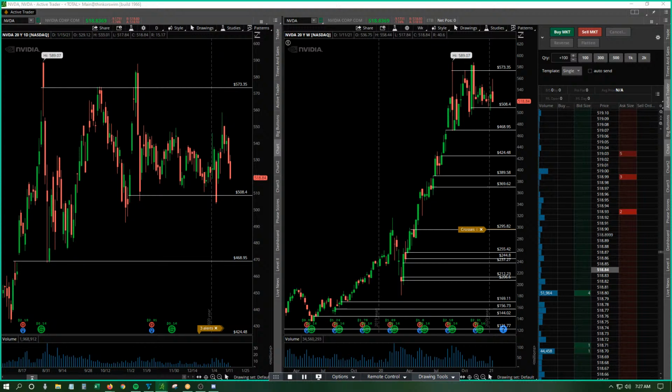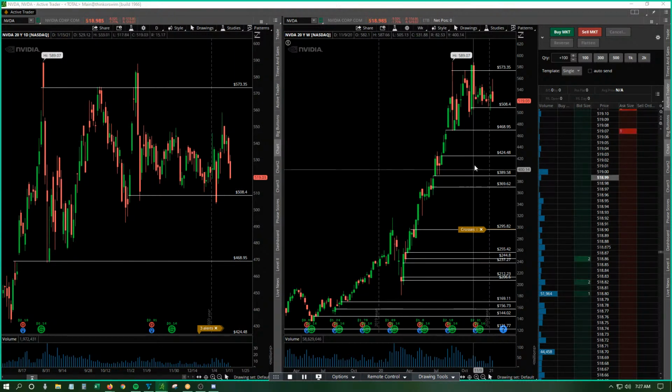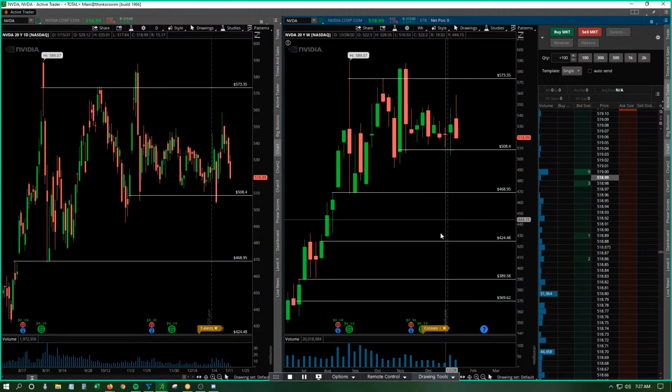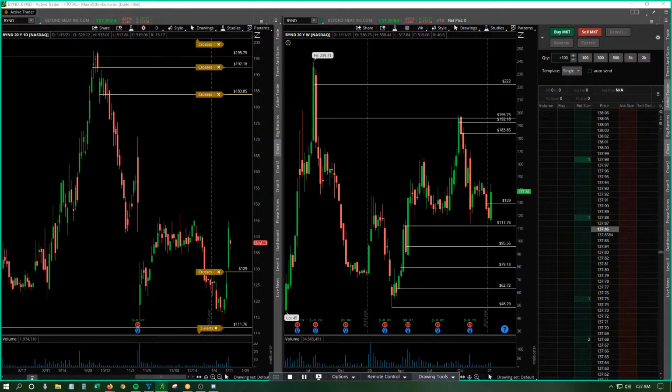Nvidia getting whacked. It's down less than 2%, but it's moving lower. Just like AMD. Beyond had some news yesterday. That thing rallied up pretty nicely.